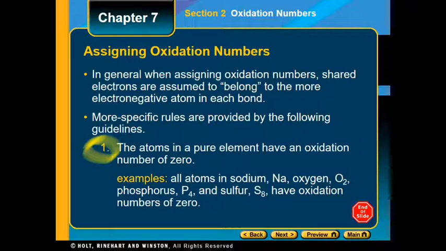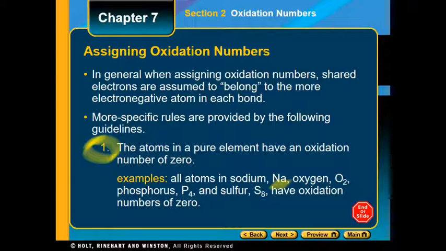And some examples are, if you pick any element off the periodic table, like sodium, potassium, boron, argon, neon, the oxidation state is going to be 0. If you were to look at a diatomic element like oxygen or fluorine or chlorine or nitrogen, the oxidation state is still 0.